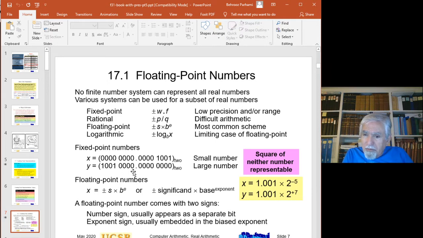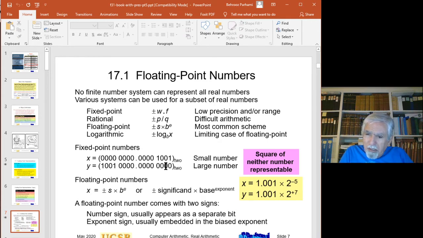The second number is fairly large because the whole part is fairly large given the range of the format, and the fractional part is 0. So basically, one can say that when you represent small numbers, the bits representing the whole part sort of go to waste for very small numbers. And when you represent large numbers, the fractional bits may go to waste, because if a number is large, we typically are not interested in a lot of fractional bits.